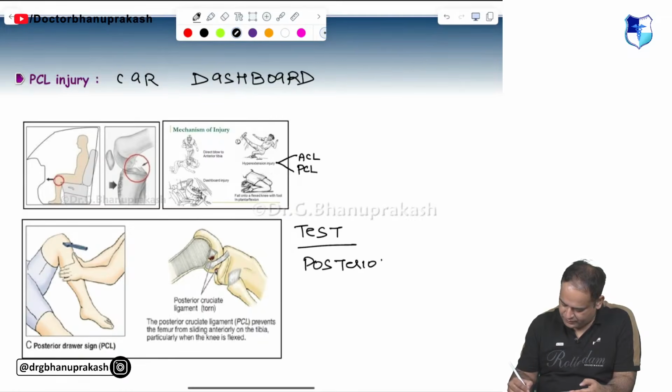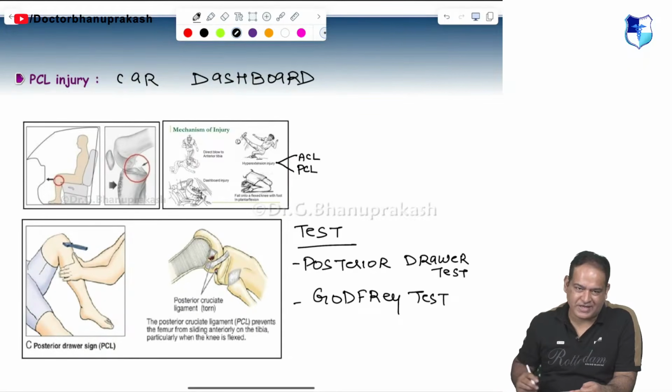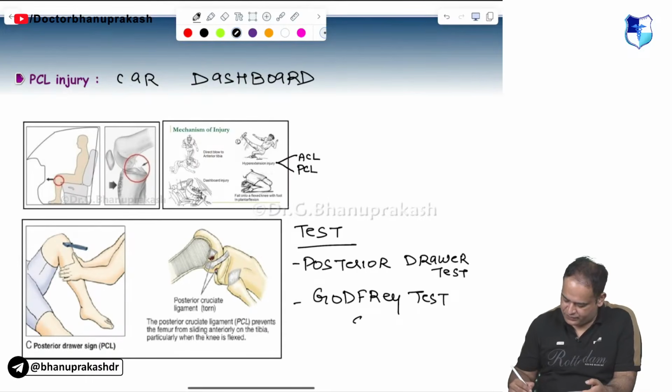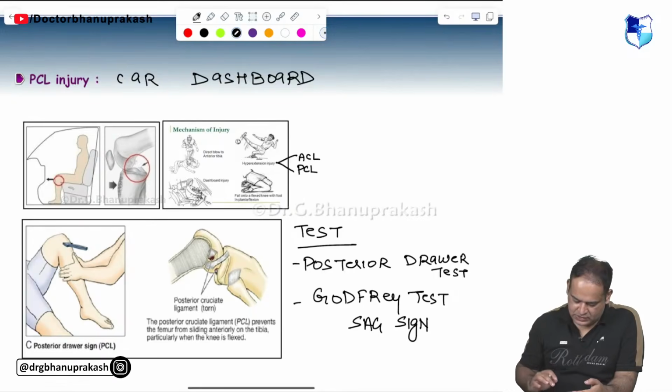Posterior drawer test, Godfrey test, which will show you sag sign, right?